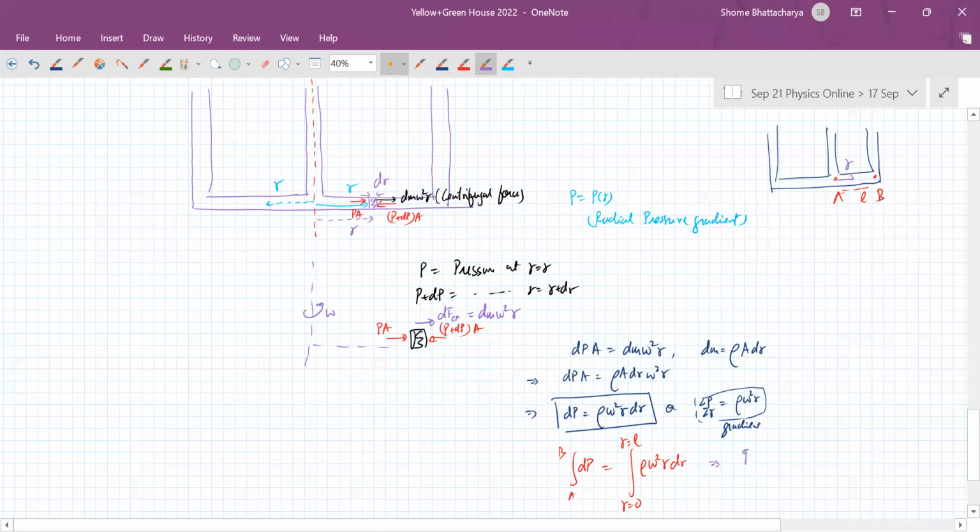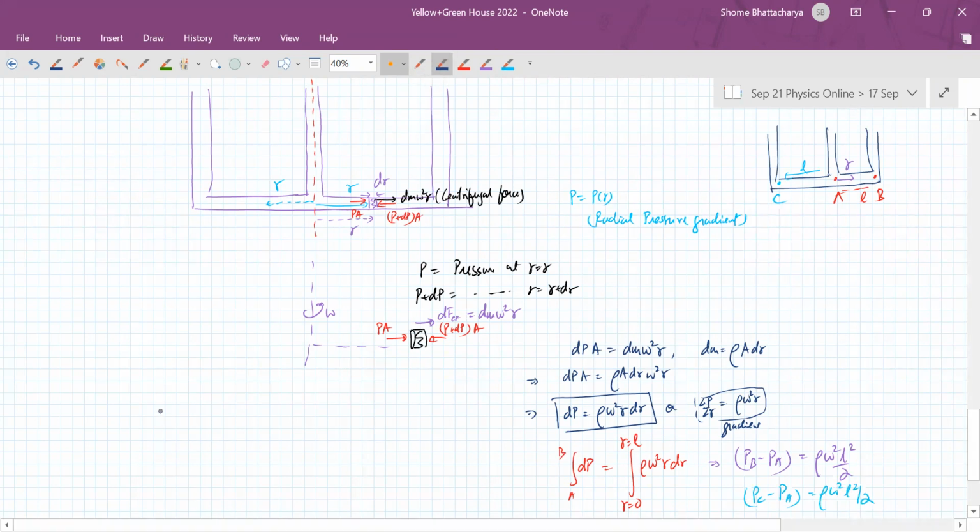Okay. So pressure at B minus pressure at A is equal to rho omega square L square by 2. And similarly on the other side, because this is also equidistant from this side, there is also L. Pressure at C is also this.